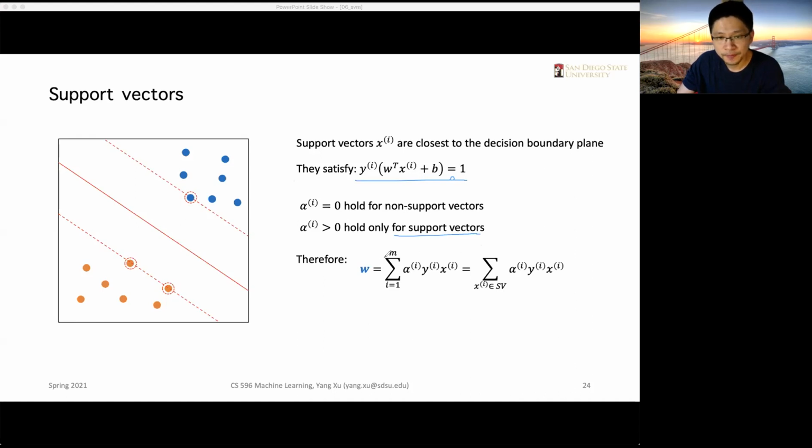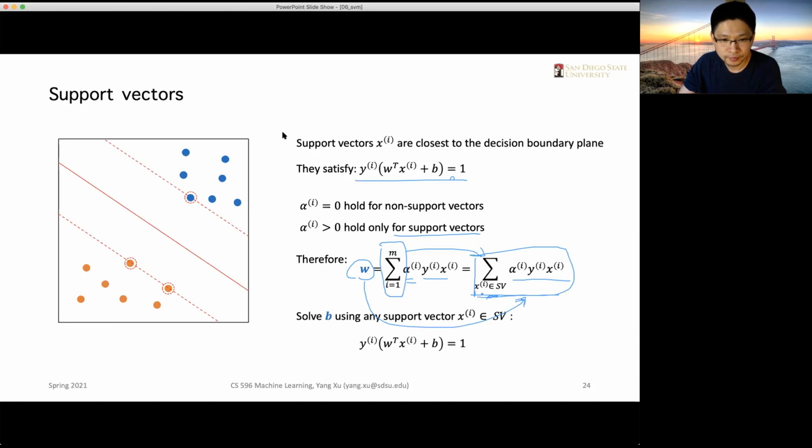So actually, the summation here refers to, we only need to sum up all those values from those support vectors, right? For the non-support vectors, the alphas are 0. They just cancel out all these items. So generally speaking, the W is just defined by the support vectors, which are the xi's here.